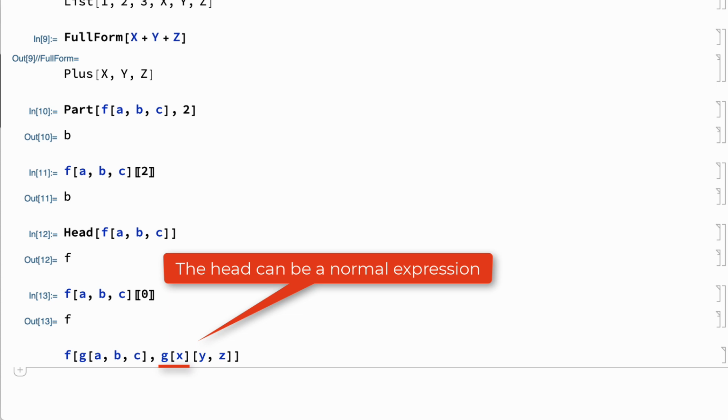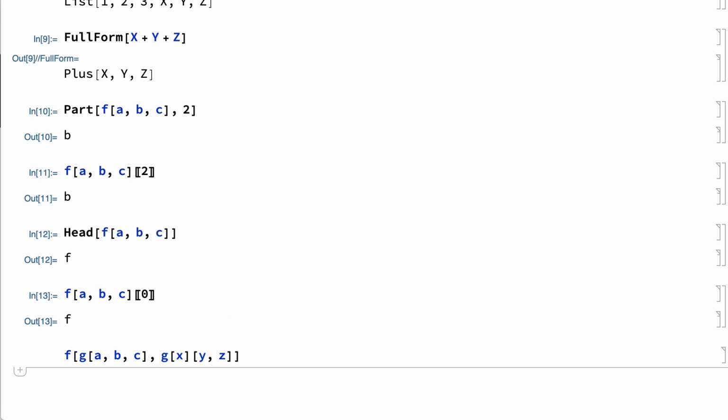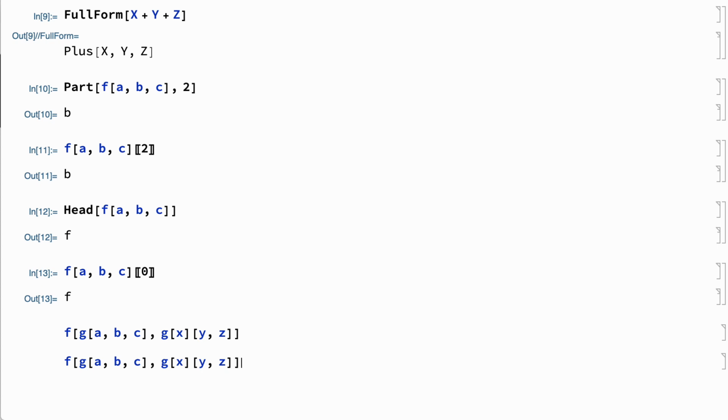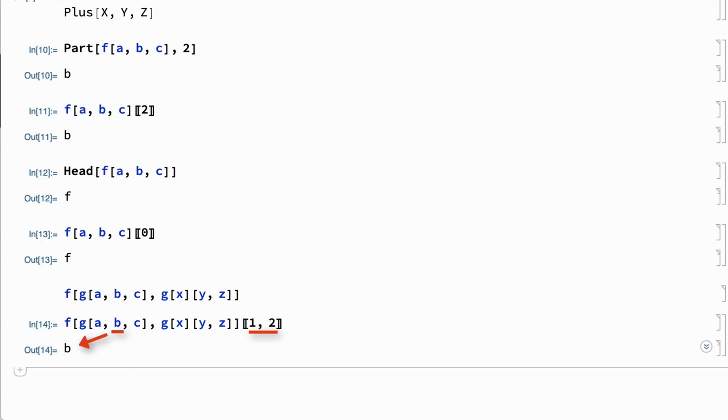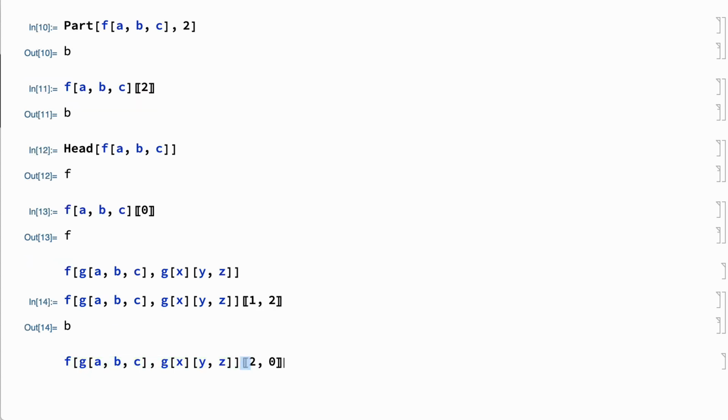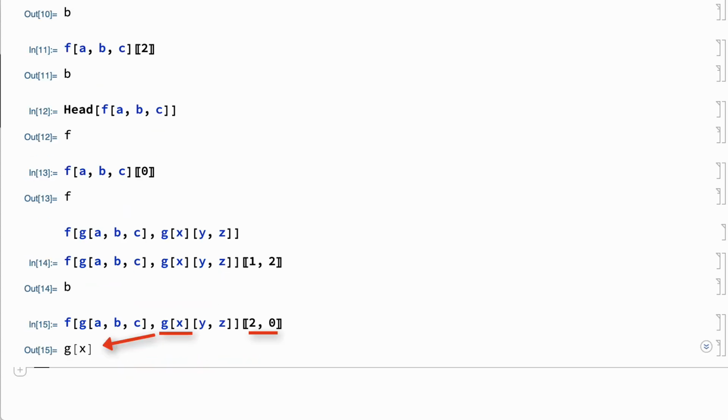Parts of normal expressions that occur within other normal expressions can be picked out by giving additional elements in the part function. For example, 1, 2 in this input to the part function picks out the second part of the first element in the expression, and this picks out the element at position 2, 0, which is the head of the normal expression at position 2.